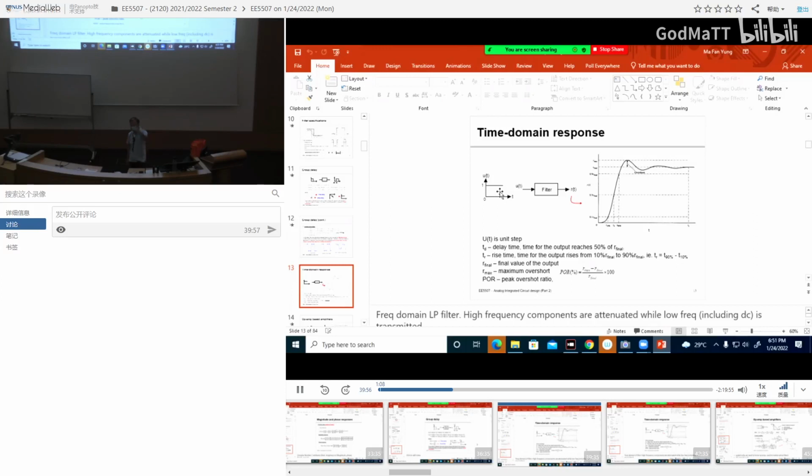If I put it through my filter, what does the output look like? You will see that the output, of course, this is a real filter, so it cannot go instantaneously from 0 to 1. There will be some transition, and then slowly it will settle to the final value.